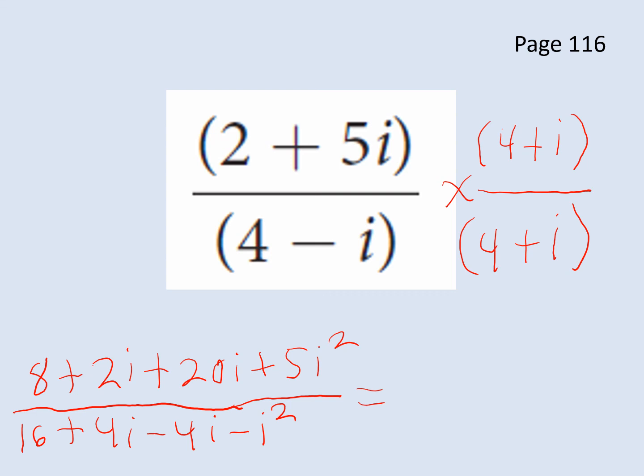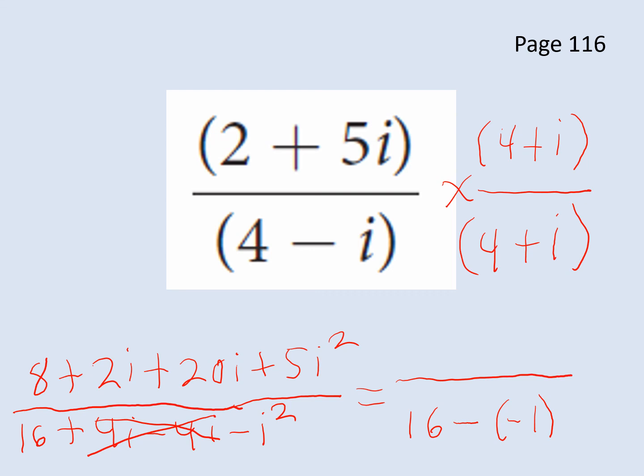And now we'll simplify things, and the positive 4I and the negative 4I cancel out to 0. And then we have 16 minus negative 1, because I squared is negative 1. And so that'll simplify to 17, but we'll bring that over to the next step.